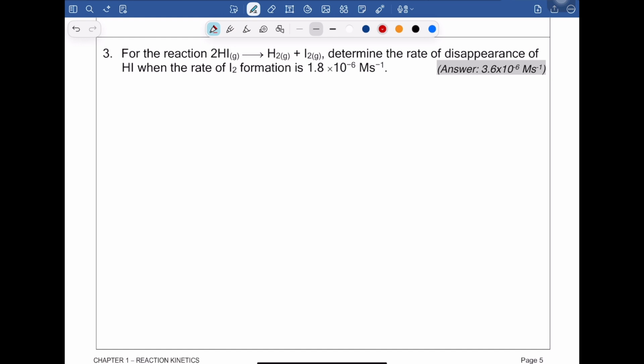First things first, write your differential rate equation, which is rate equals negative 1 over 2 d[HI] over dt equals d[H2] over dt equals positive d[I2] over dt.